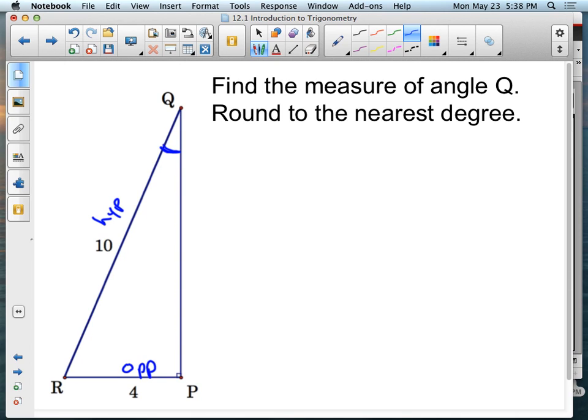So opposite and hypotenuse is sine. So I'm going to say the sine of angle Q equals opposite over hypotenuse. So I have to find the angle measure. So I want to do the inverse function. So my angle Q is equal to the inverse sine of 4 over 10.